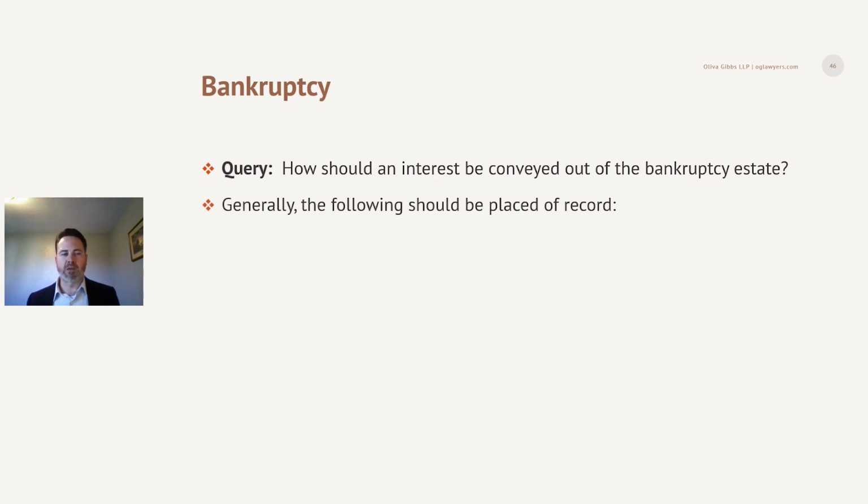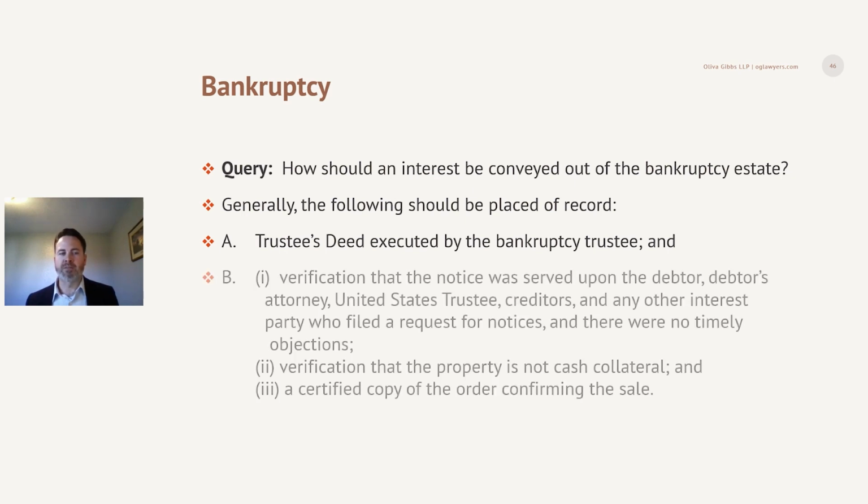Generally, we want to see the following: a trustee's deed executed by the bankruptcy trustee, and the following support documents: verification that notice was served on debtor, relevant parties, verification that that property is not cash collateral, and finally, a certified copy of the order confirming the sale. So if you encounter a bankruptcy situation, follow the title standards. There's a lot of good information in there.